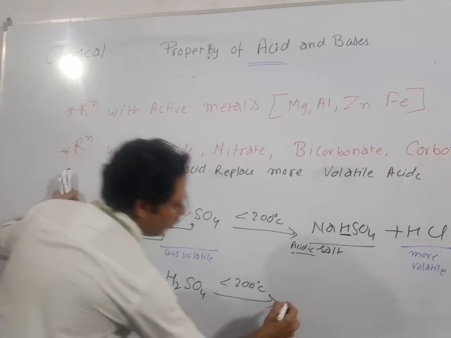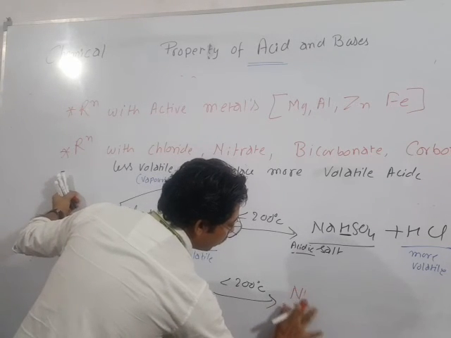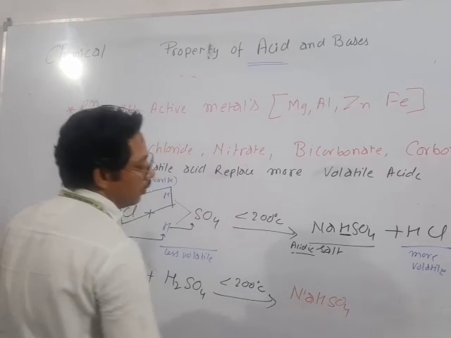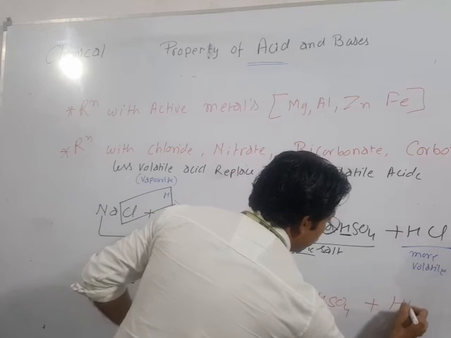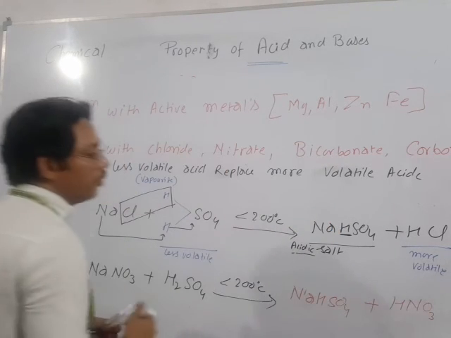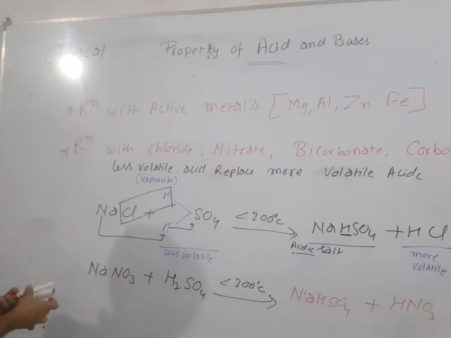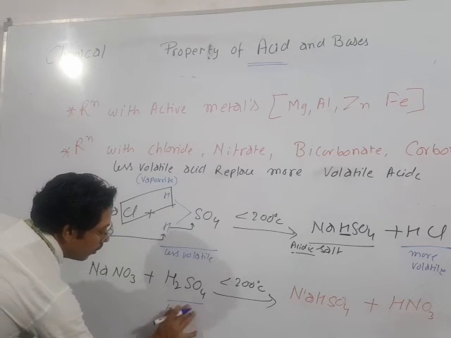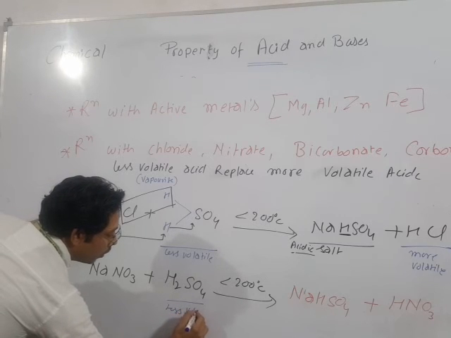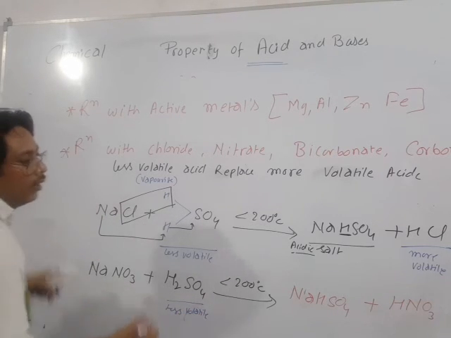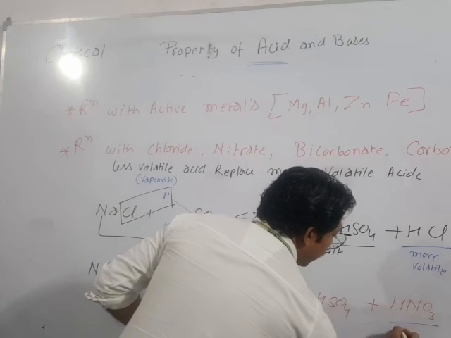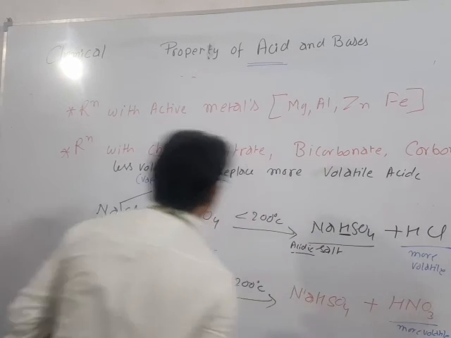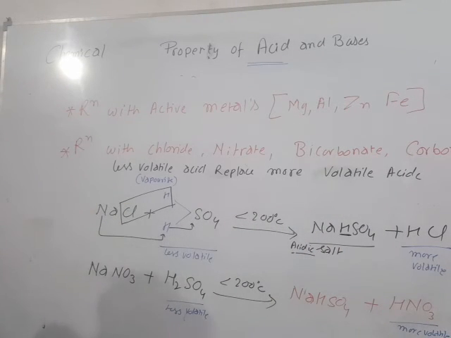So now NaHSO4 plus nitric acid. Look here. This one is less volatile. And this one, nitric acid, is more volatile.